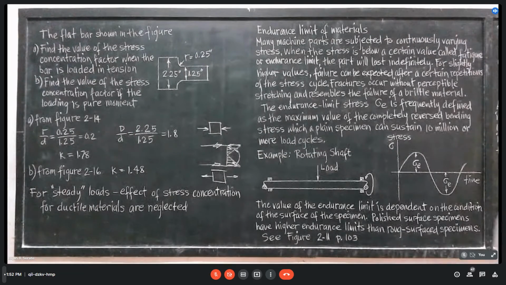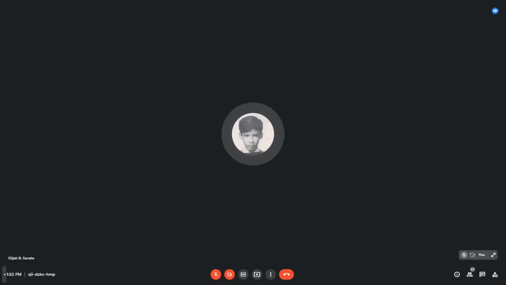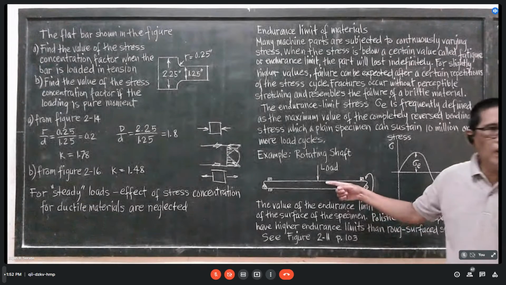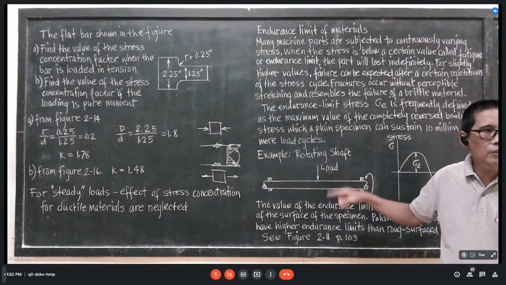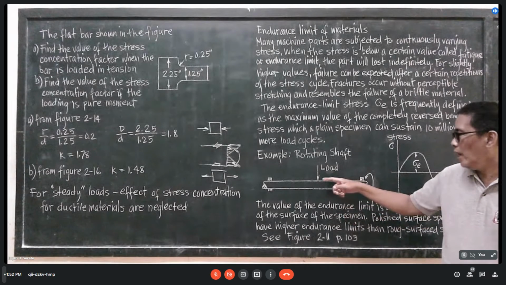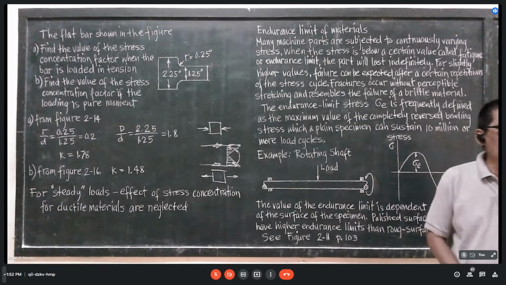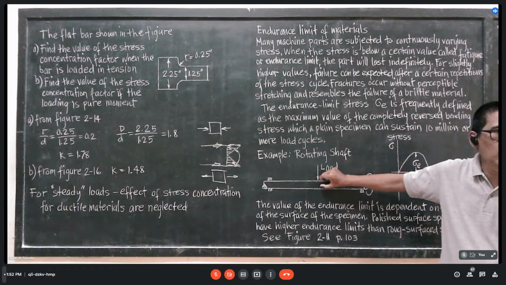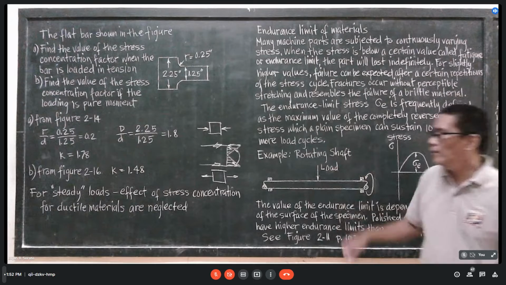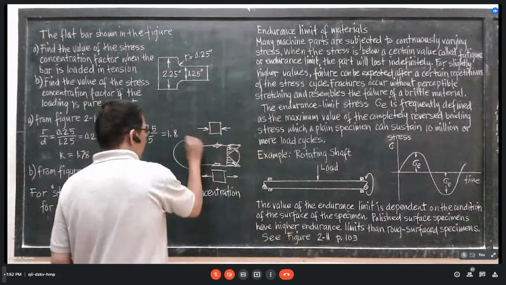Yes, sir. Do you follow? Yes, sir. Okay. So that is what the element will experience when you rotate the shaft. As you rotate the shaft, it will have a maximum, remember, MC over I. Your C is the radius when it is on top. However, this is your shaft.